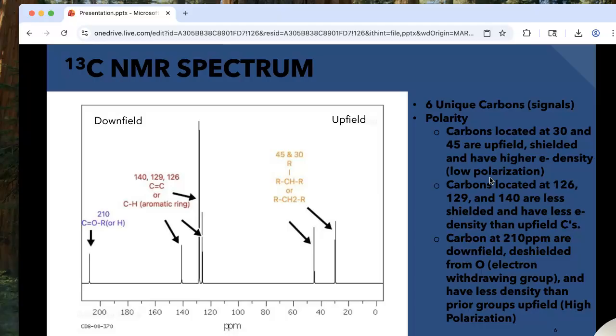So the 13C NMR spectrum, there were 6 unique carbon signals, 1, 2, 3, 4, 5, and 6. Starting at the upfield region, there were 2 signals there. These could indicate, at 45 and 30 ppm, alkyl groups like RCHR or RCH2R.